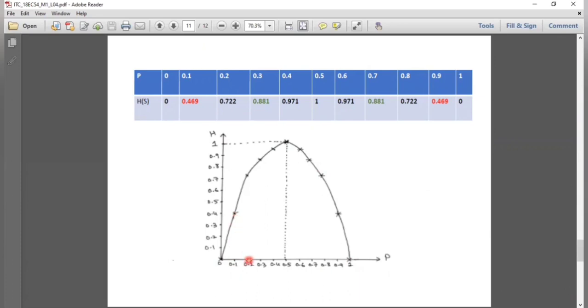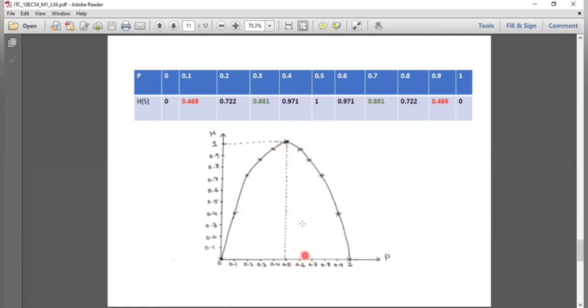When probability is 0.2, H is 0.72. When probability is 0.3, H is 0.881. When probability is 0.4, H is 0.971. And when probability is 0.5, entropy is 1, which is a maximum value.